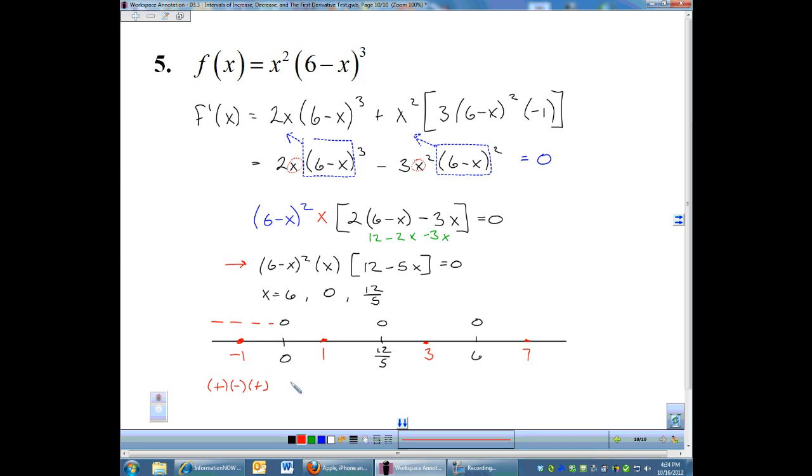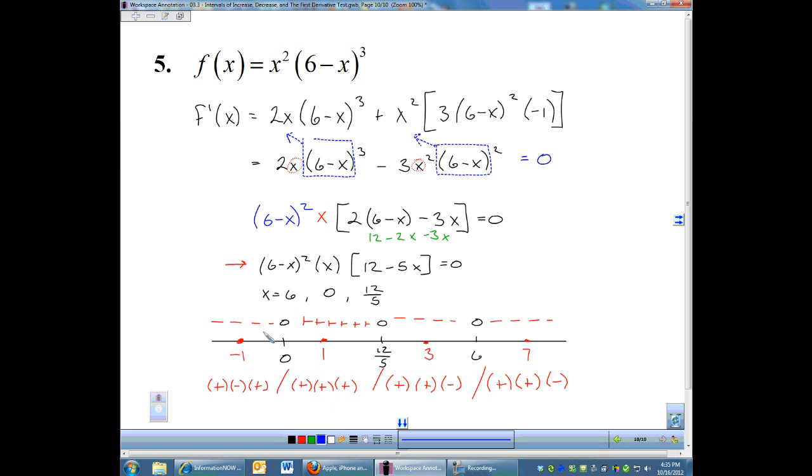At 1, 6 minus 1 squared is positive, times 1, which is positive. 12 minus 5 is positive, so that's all positive. Plug in 3, 6 minus 3 is positive, and when you square it, still positive. 3 times 5 is 15, 12 minus 15 is negative. Then if I plug in 7, 6 minus 7 squared is positive, 7 is positive. 12 minus 5 times 7 is negative.